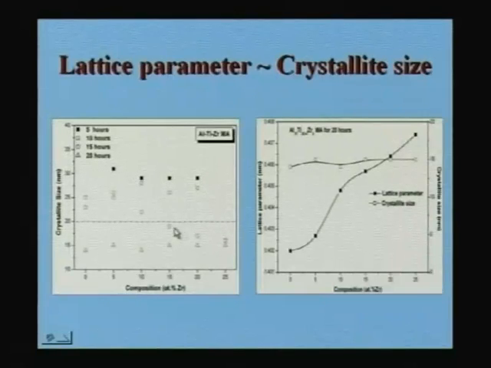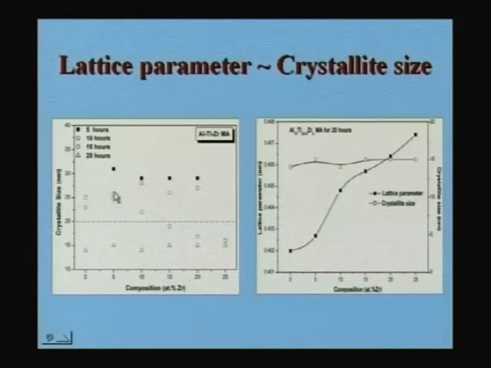And what is also important is that the formation of these compounds again occurs below a certain crystallite size. If you plot the crystallite size as a function of the composition of zirconium, with different amounts of zirconium, try to look at what time the intermetallic is forming, and look at the crystallite size at each of those times.